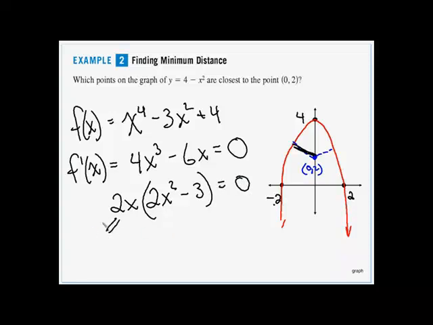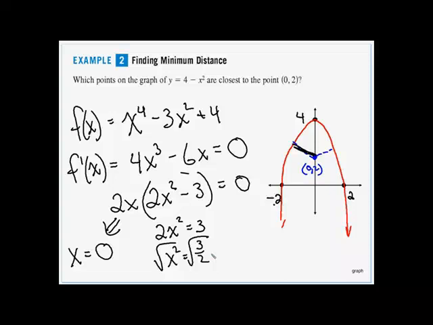Well, if we set 2x equal to 0, we get x equals 0. Now we're going to take what's in these parentheses and set that equal to 0. So we're going to have 2x squared minus 3 equals 0, and add 3 to each side. 2x squared equals 3. Divide by 2, x squared equals 3 halves, and then we're going to square root each side.